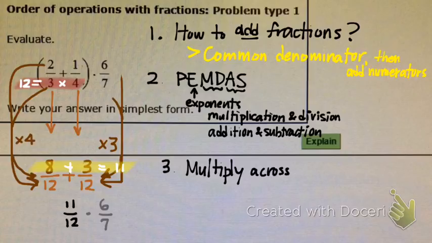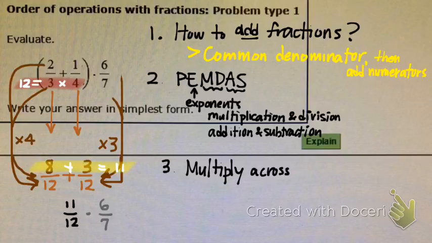Yeah. So cross multiplication is good for a lot of things. In fact, we secretly already did a cross multiplication in this problem. I didn't highlight it, but we multiplied the denominators 3 and 4 to get 12, our common denominator. Where did our 8 and our 3 come from? The 8 was 2 times 4, the 3 was 3 times 1. Those were the cross products of our original fraction.